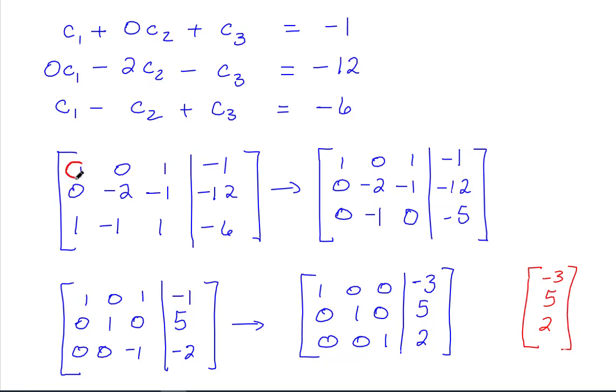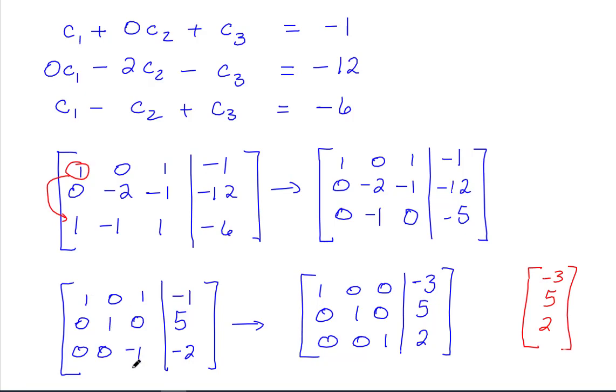So I'm going to use this 1 to make a 0. Did that. Let's see, I've got a 1 here, so I'm going to divide this row by negative 1 and then swap it out. Okay, got that. I'm going to use it to make a 0. All right, so that looks good.